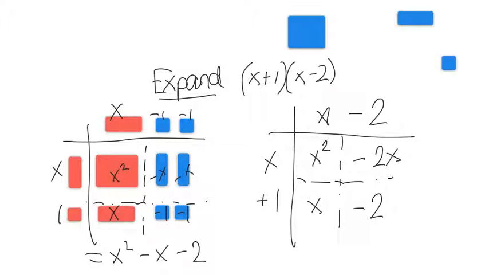Okay, so now the last part where I have to add everything together. This is a little bit tricky because I can't just look for tiles which cancel each other out, as was the case here. I have to write down all of the terms and then simplify. So here I'm going to have x squared plus x minus 2x minus 2.